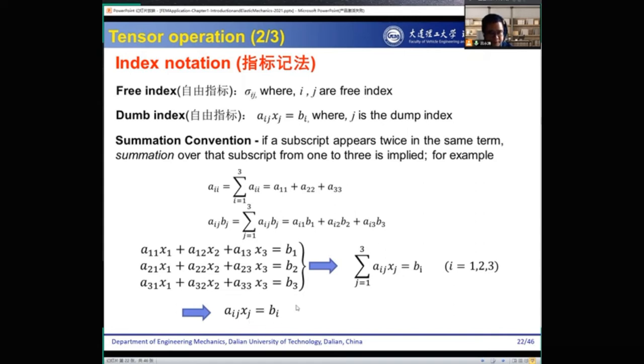So, let's have a look. We have three equations. For the first equation, we have 1, 2, 3, 4 terms, and also we have 4 terms in the second equation, and 4 terms in the third equation. We can see there are some rules here.